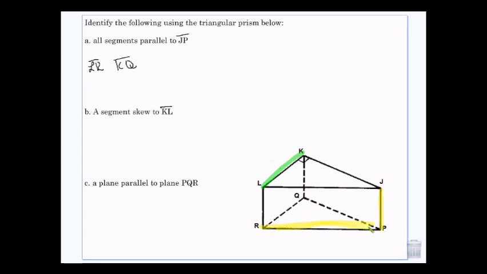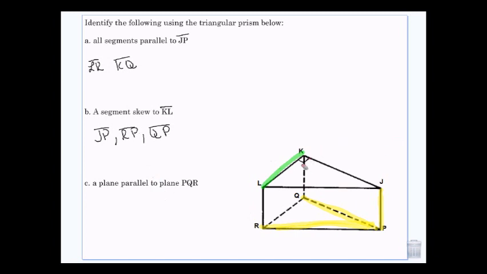RP does though, and so does QP. Right? Because QP will never intersect with LK, but it doesn't go in the same direction. It's not parallel. RP, same thing. It will never intersect with this, but it's not in the same direction. So in this instance, our one segment has 3 skew segments. So I have JP, RP, and QP.